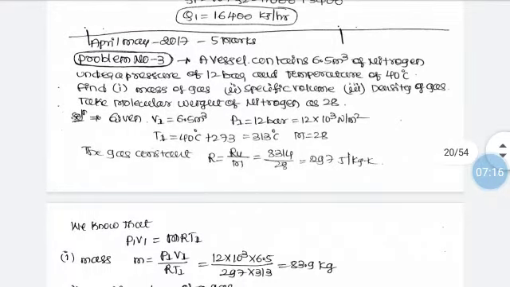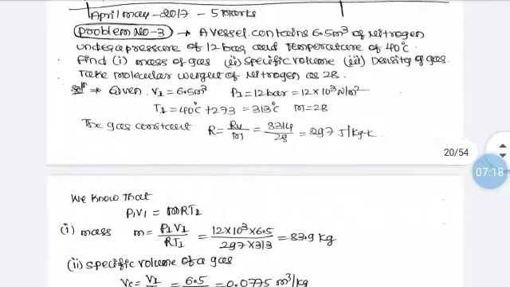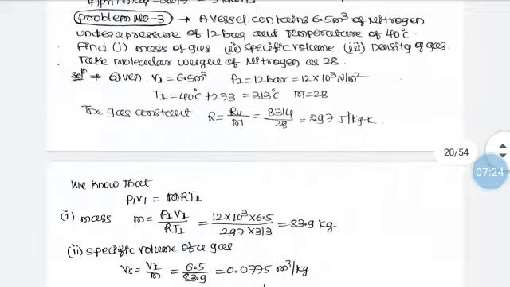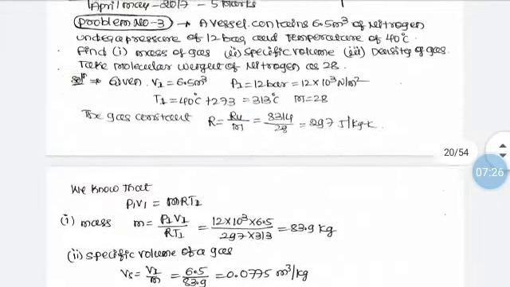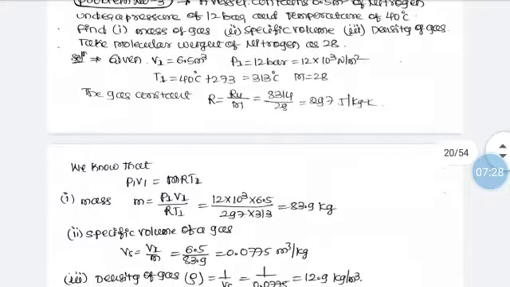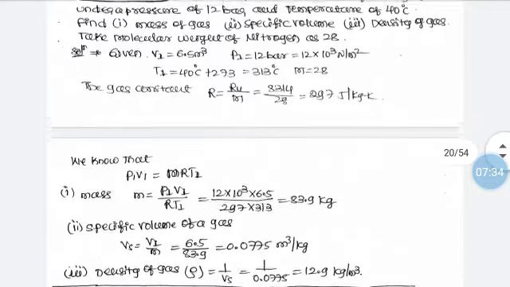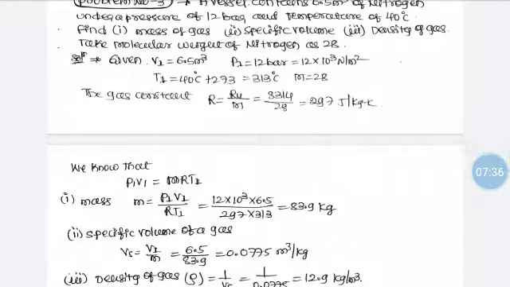So what we have to find out is the mass of gas, that is m, the specific volume, that is small v, and the density of gas, that is rho. And here we have to use the molecular weight of nitrogen as 28.